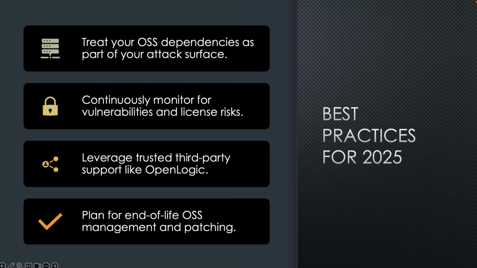So what is the best practice for 2025? First of all, do treat your open source software dependencies as part of your attack surface, because attackers will really be searching and targeting any of your repositories or software that you're using on the internet.